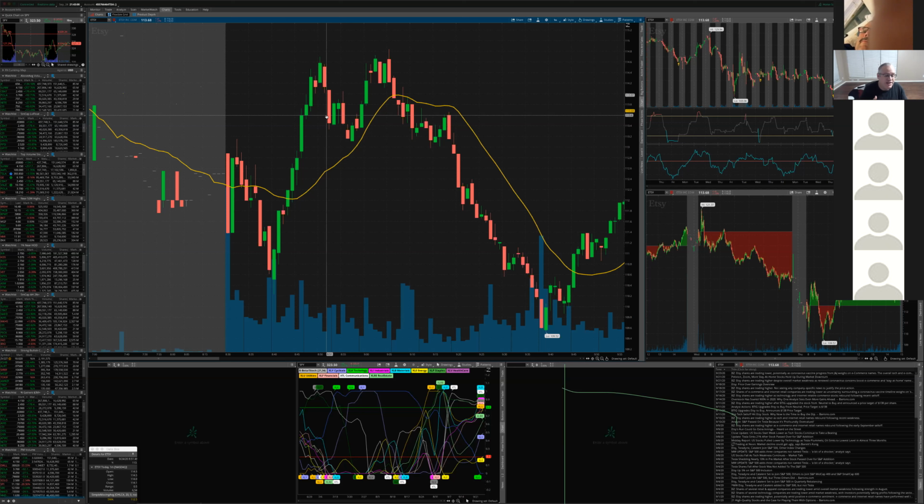It only goes against you about 1 out of 4 times, 1 out of 3 times, 1 out of 5 times. So about 4 out of 5 times, you're getting 1, 2, 3, 4, 5, 6, 7, 8 times the length of the candle.